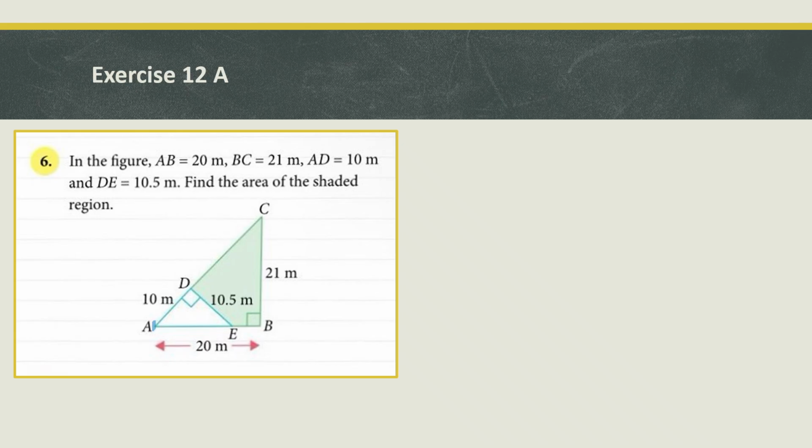First see this. This is a smaller triangle. Area of a triangle formula is 1/2 multiplied by B into H, right? This is the formula that we are going to use.